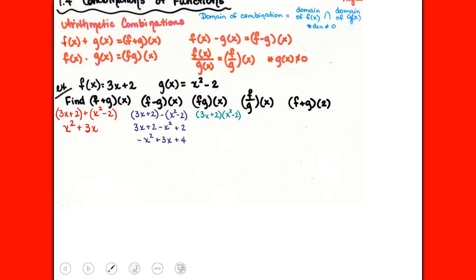We could say 3x times x squared is 3x cubed, 3x times negative 2, 2 times x squared, and 2 times negative 2. So we'll end up with 3x to the third, negative 6x, positive 2x squared, and negative 4.